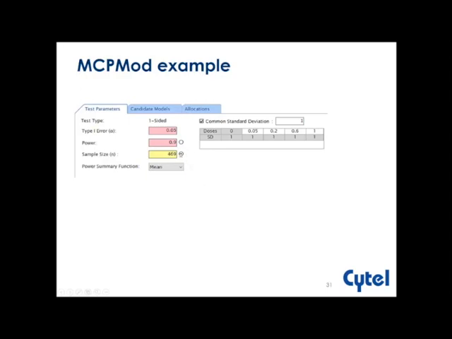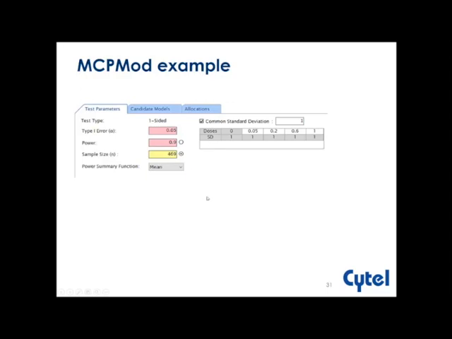And again, clicking compute will generate this sample size of 469 patients, which is around 94 patients per arm if we divide them equally across the doses. So both ways we can calculate the power from a given sample size or sample size for a given power.